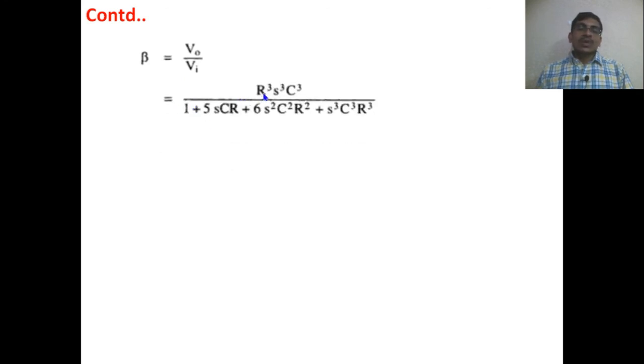Therefore beta is equal to R cube S cube C cube divided by 1 plus 5SCR plus 6S square C square R square plus S cube C cube R cube.